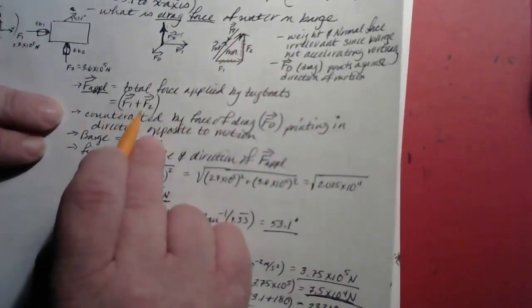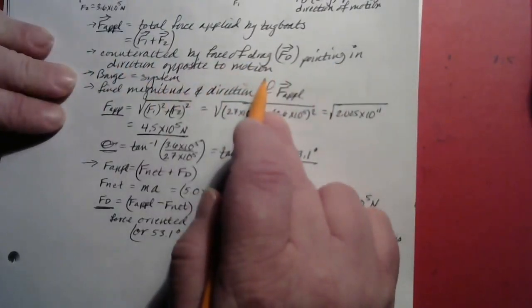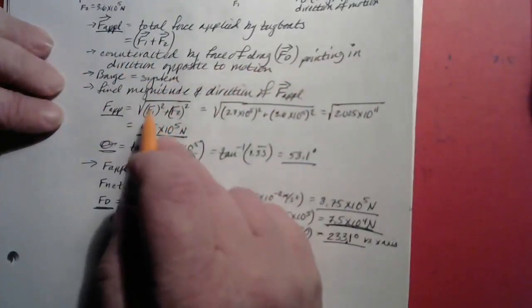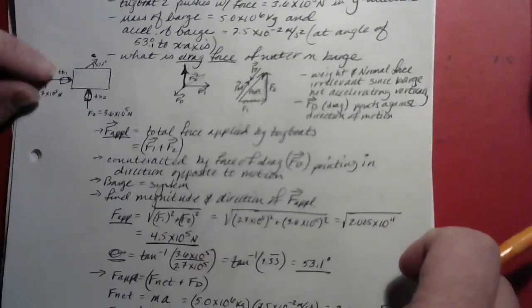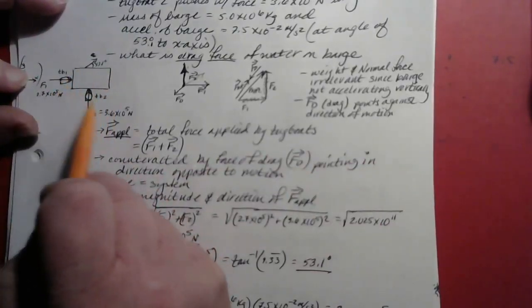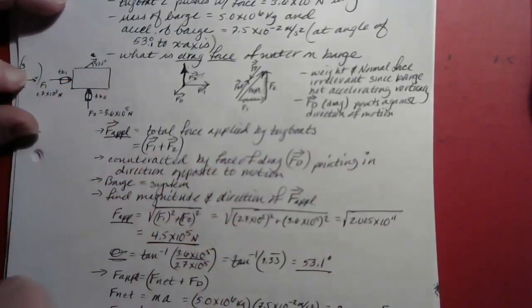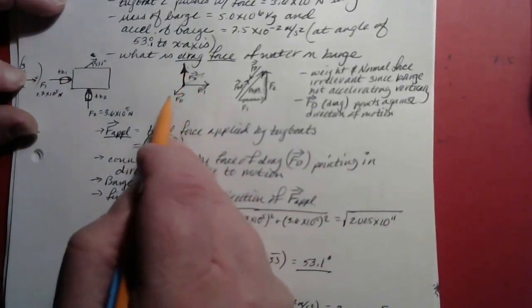So that's just F1 plus F2 in this case. That's counteracted by the force of drag, which points in the opposite direction to the direction of motion. In this case, the barge is the system, so we're interested in the external forces acting on the barge, which would be essentially the tugboats and the drag. So here we have tugboat one, tugboat two, and the drag.